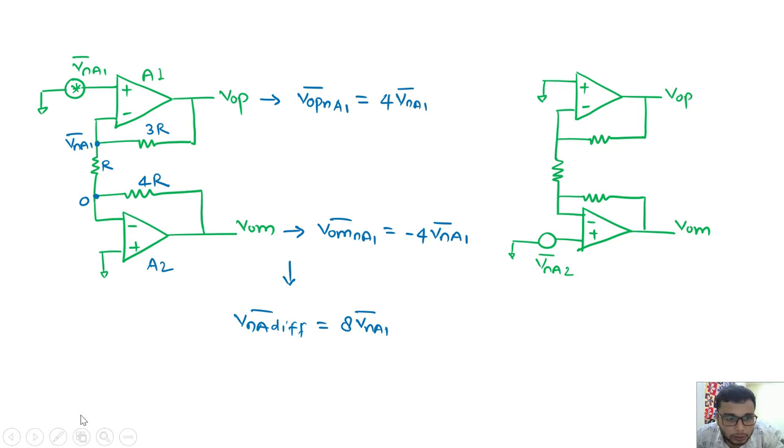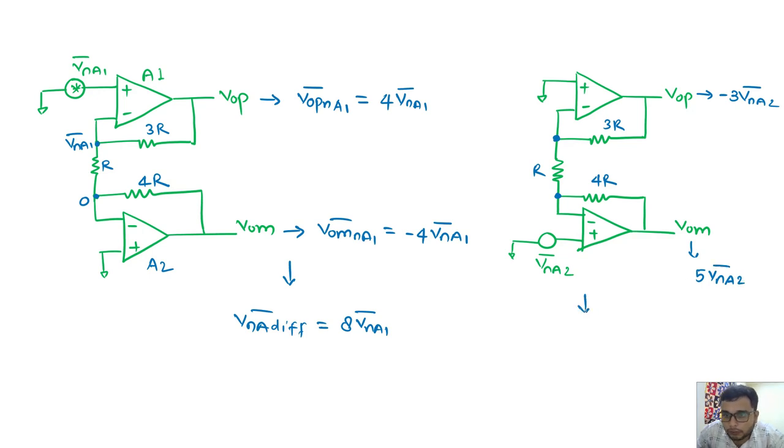Okay, so what will it be? This node is ground, this node is ground, and this node is nothing but Vn of A2, and this is 4R, R, 3R. So what is this node? It is nothing but minus 3 Vn of A2, and this has a noise contribution of 5 Vn of A2.